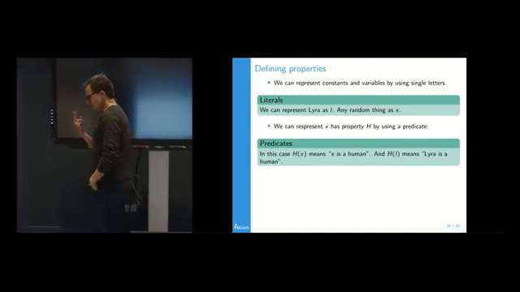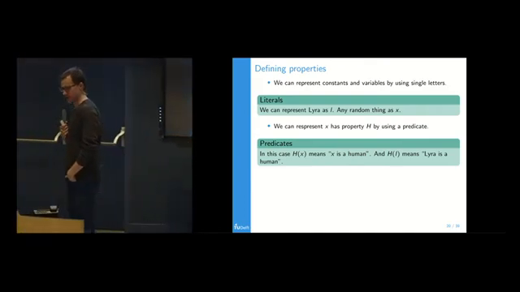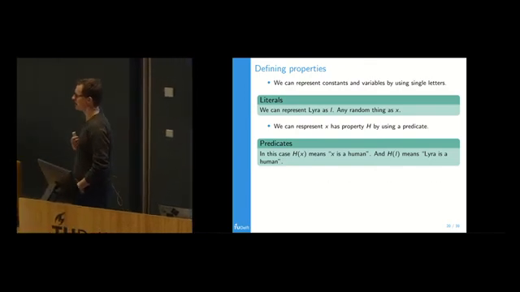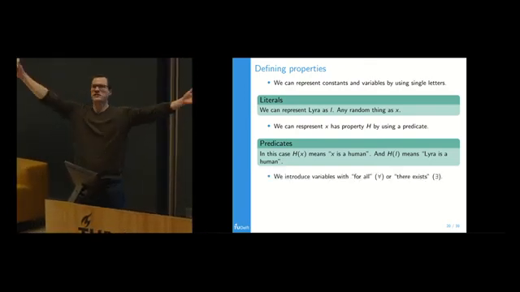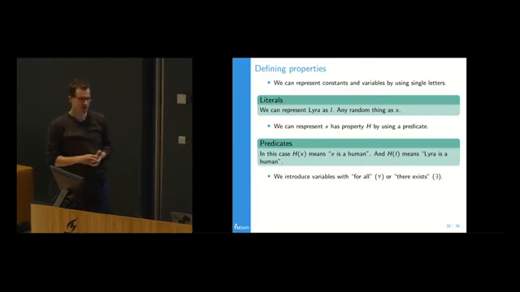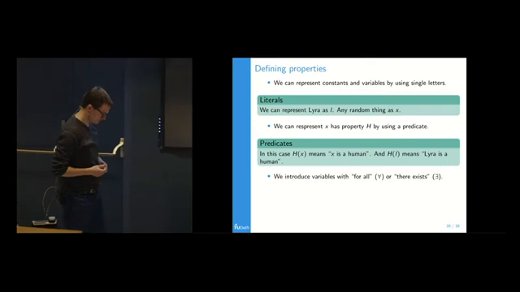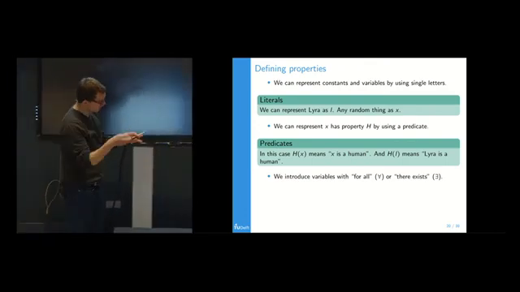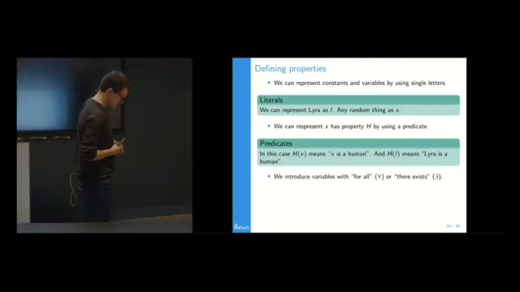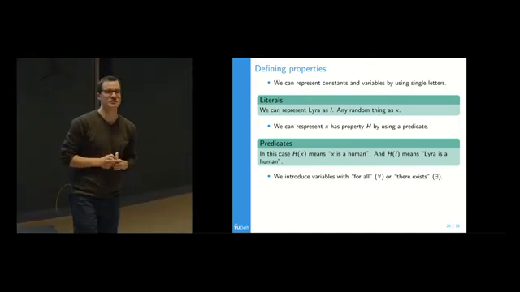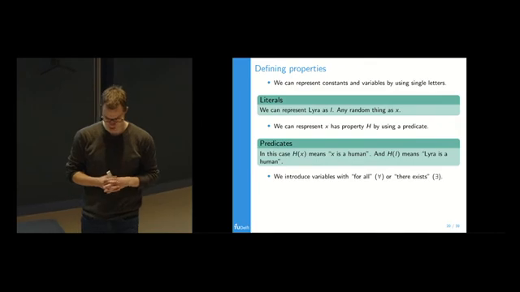And there's two ways in which we can talk about objects in the world of predicate logic. We can either make a claim about all things, which we do by using an upside down A for all symbol, or we can talk about one specific thing and say there's at least one thing that has a property with the there exists or there is quantifier.